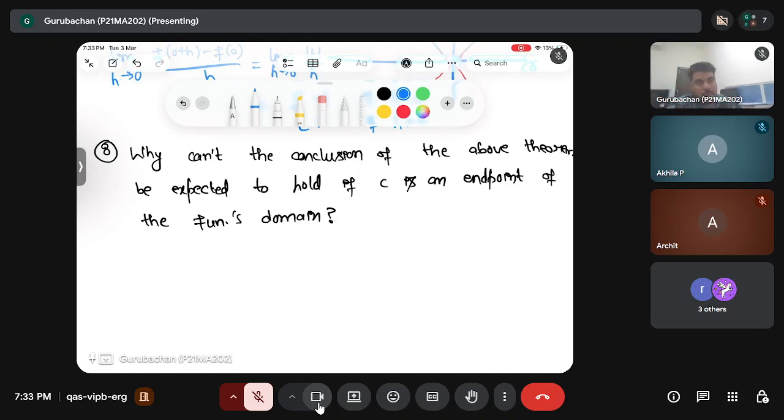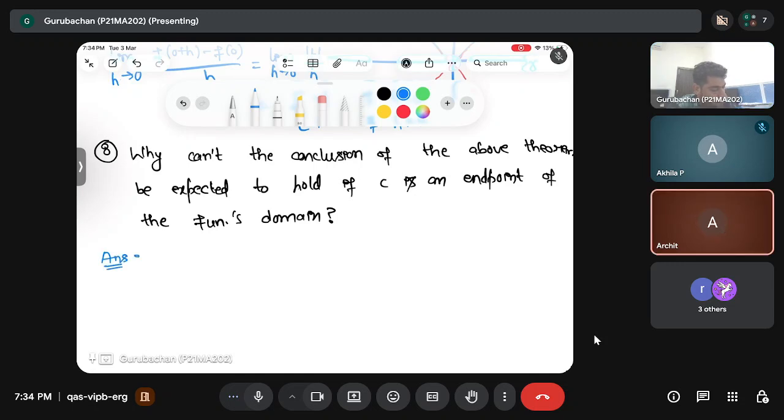You are telling the example where local minima is attained and the function is not differentiable. That is correct. But it has been asked why we don't consider endpoints. What can be the reason of that?